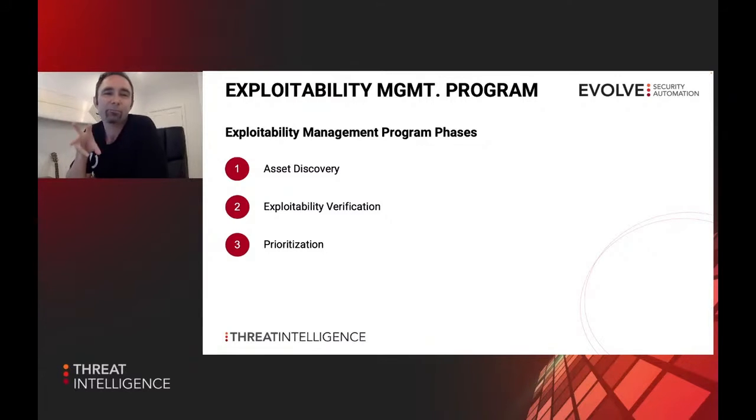Even exploitable vulnerabilities are different. Not every vulnerability and not every exploit is the same. So even within the exploitable vulnerabilities, you've got different risk levels, and we'll talk about those in a second. So you prioritize which ones of those actually need to be remediated.